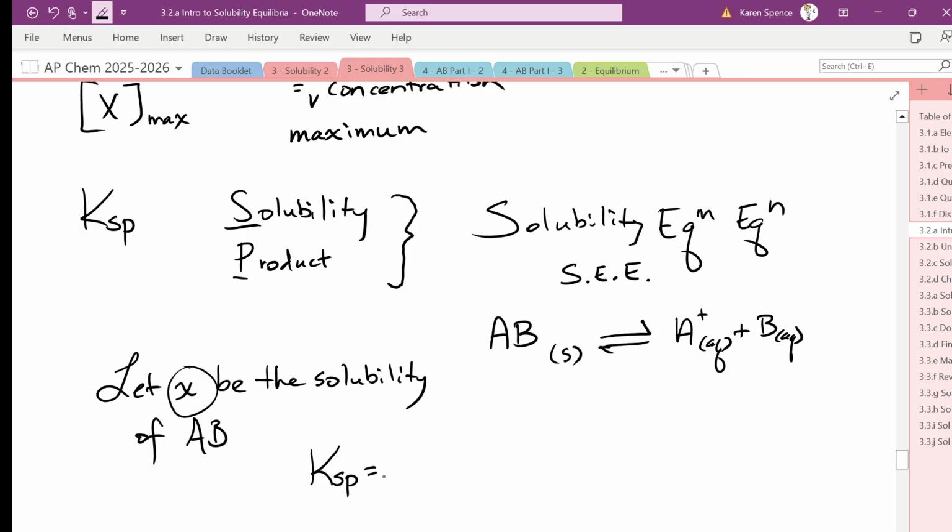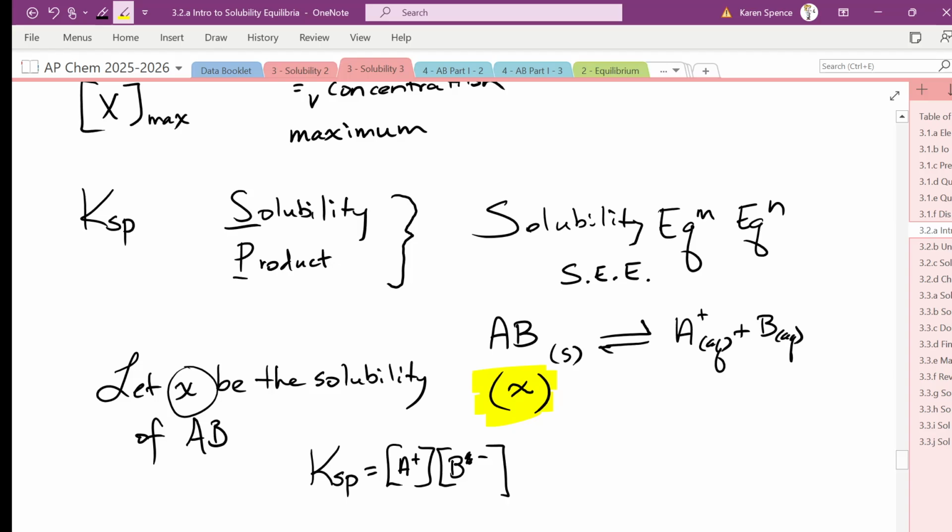KSP is equal to concentration of A plus times the concentration of B minus. Oops, that's supposed to be minus. And the concentration of AB is X. I've put it in brackets because this is a solid, but it still means that if we had dissolved 1 mole per liter, we would still say 1 mole per liter sodium chloride, even if it's all dissolved. That's just how we do it.